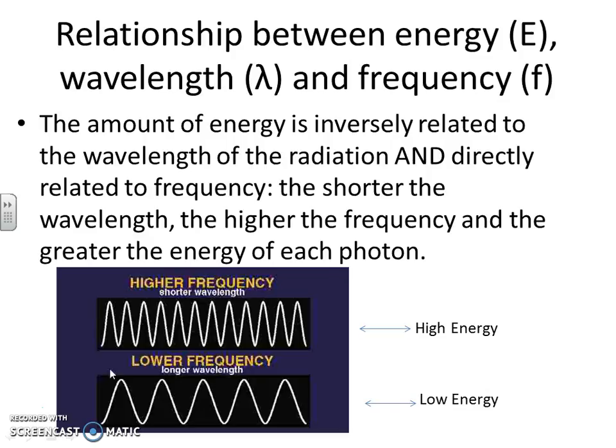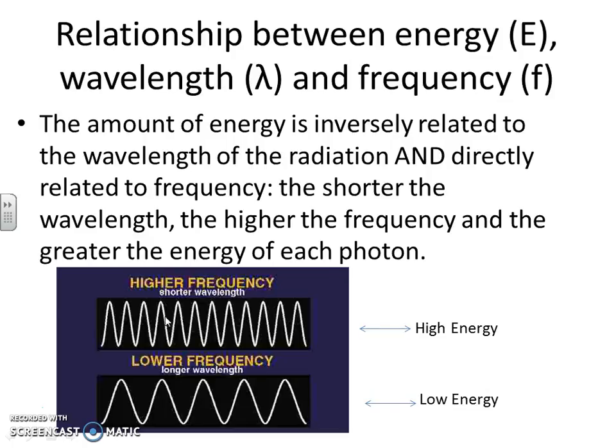What that means is if I have a high frequency, if this is how many waves pass in a single second, then I have high frequency. This has 6 and a half waves, whereas this has 3 and a half waves.